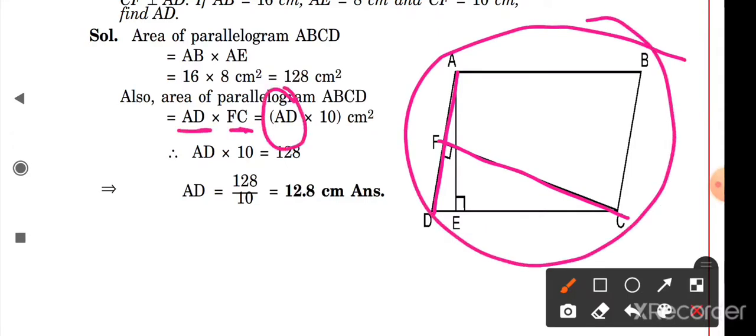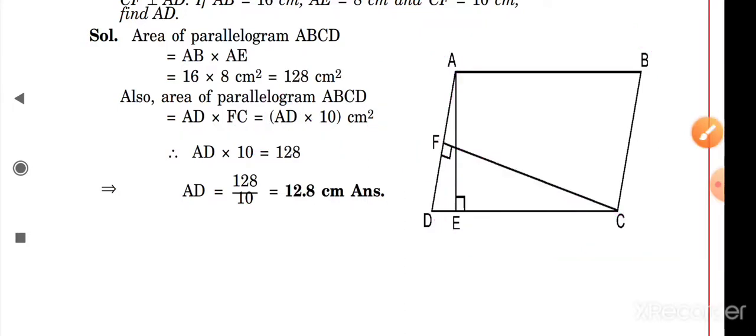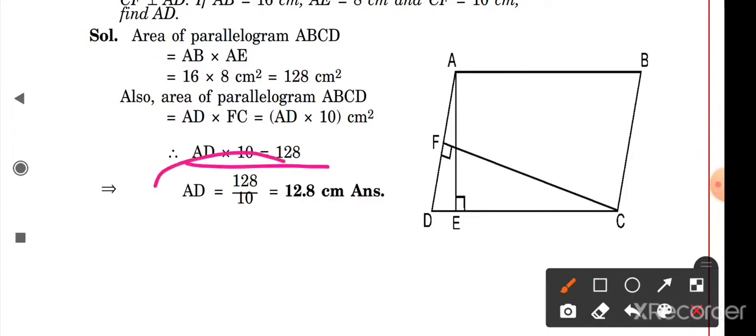Since we know only CF, we will substitute the value of FC which is 10, and AD we don't know, so we will keep it as it is. Since in both cases the area of ABCD will be equal, we will equate both areas, and hence we find the value of AD which is equal to 12.8.